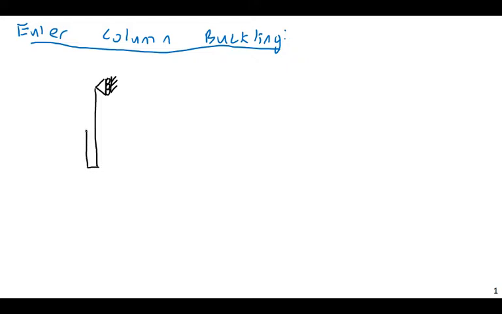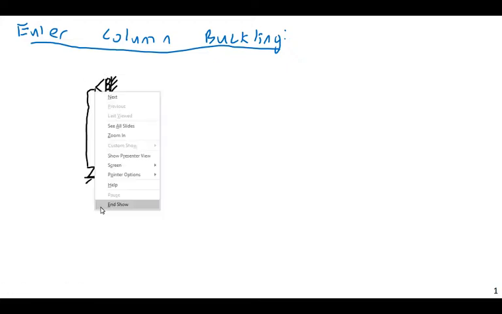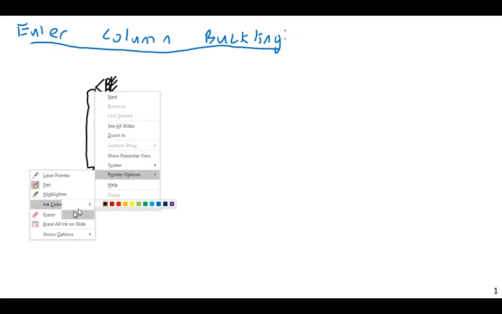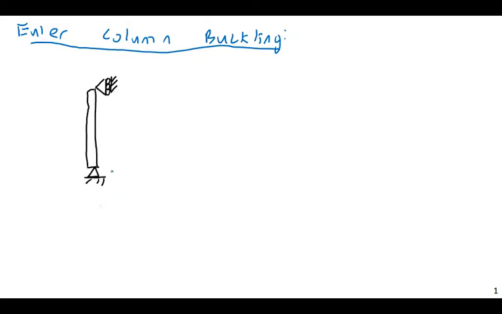What I'm trying to show is a pin that is free to move up and down. But ignoring that for now, just consider this a pin-pin connection.